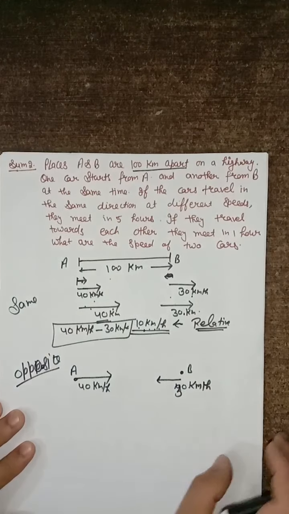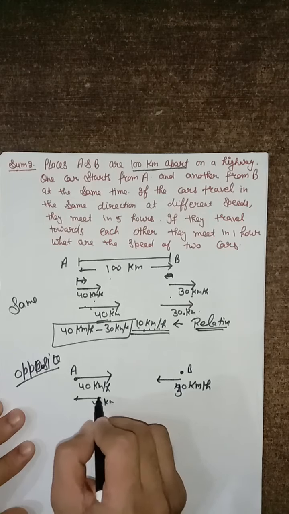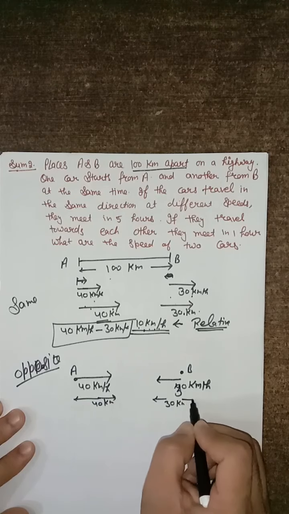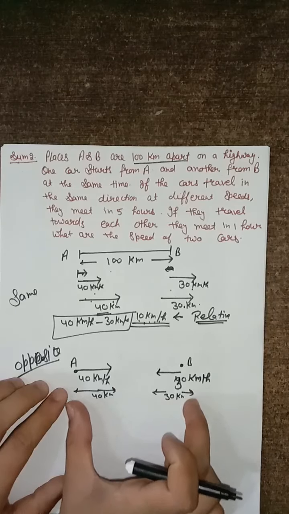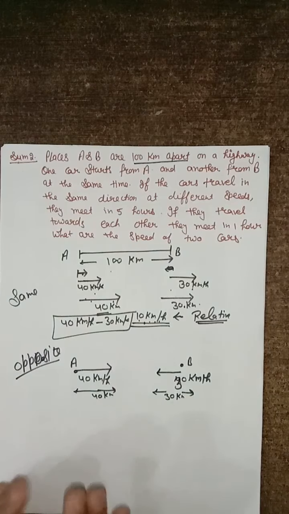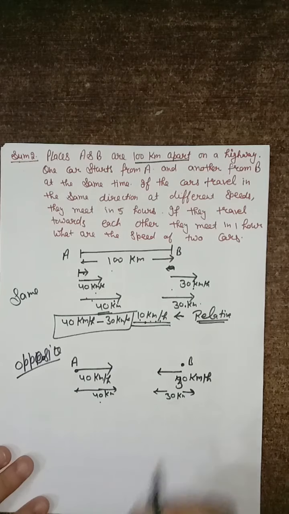Now after 1 hour, this will move 40 km and this will move 30 km. After 1 hour, you will find that the distance between them reduces by 70 km. Their distance traveled towards each other is 70 km.